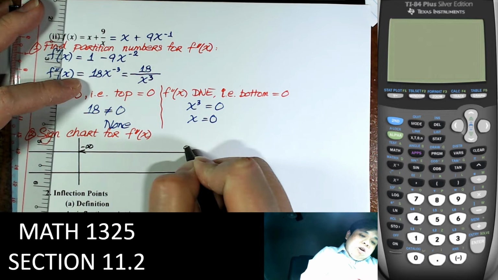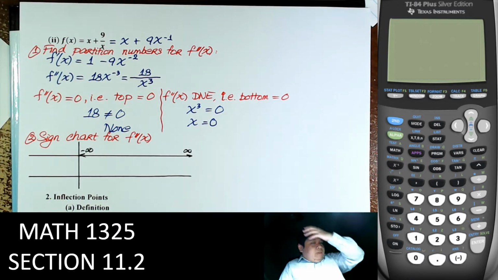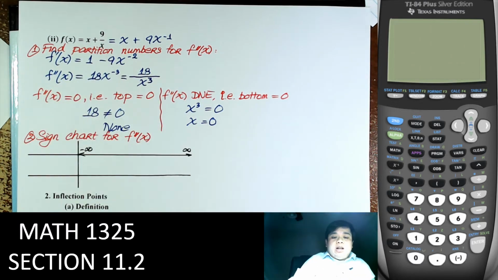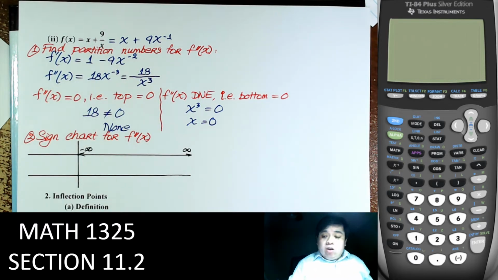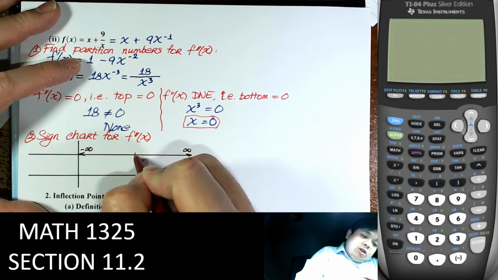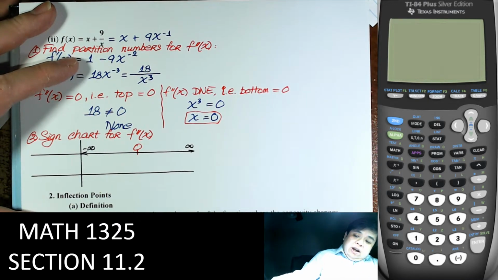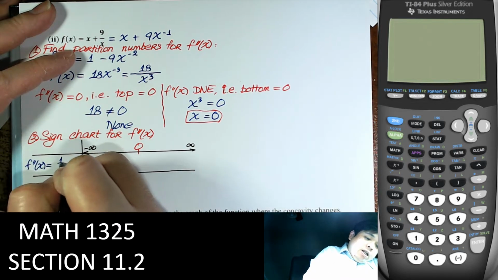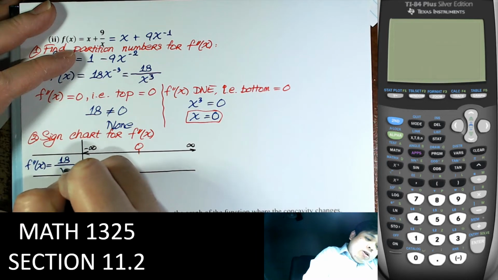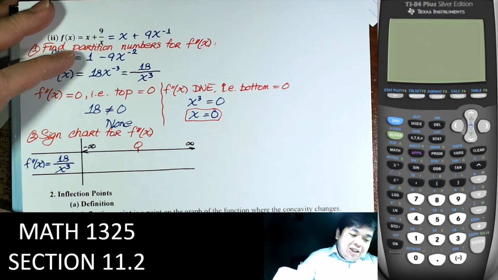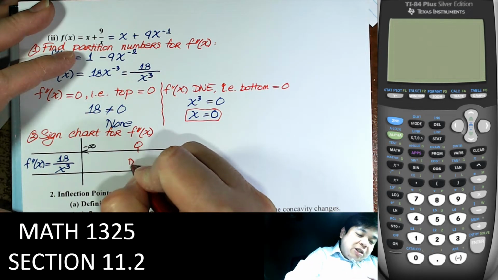As mentioned on the previous problem, we do need to worry about the domain of the problem. Here we divide by x, so the only thing we need is x is not equal to 0, because if x equals 0 it is undefined, so the domain is everything but 0. Partition number though, we have x equal to 0. The second derivative is 18 over x cubed, and when x equals 0 it does not exist.